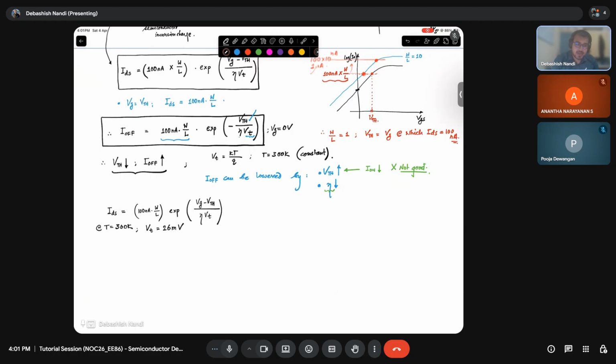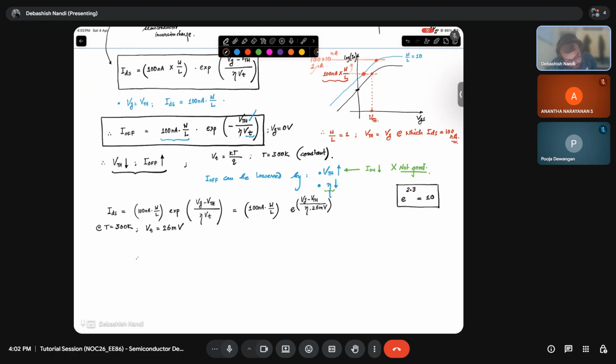Then my equation becomes 100 nanoampere times W by L e to the power Vg minus Vth divided by eta times 26 millivolt. And also remember this, e to the power 2.3 is equal to 10.